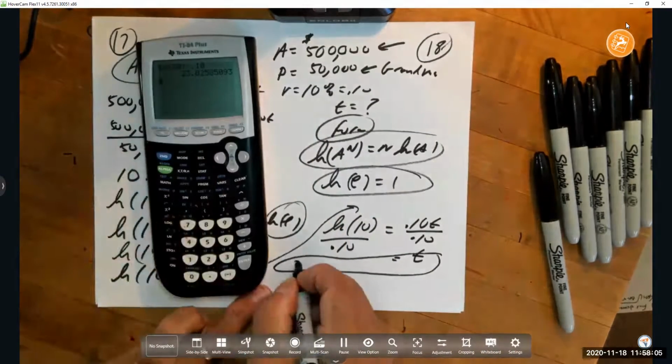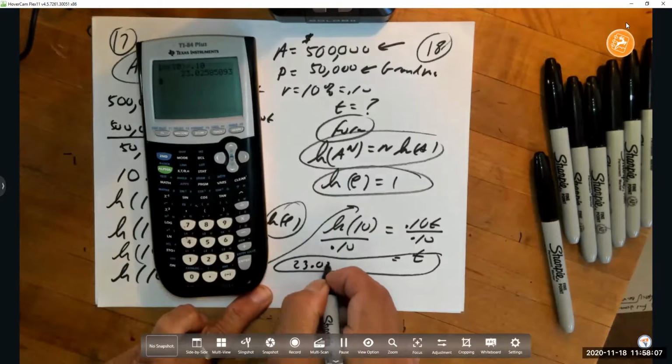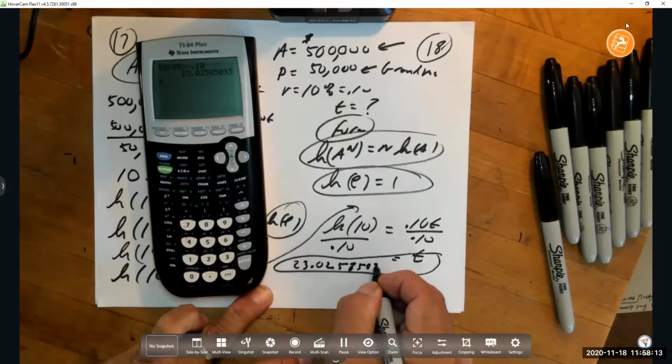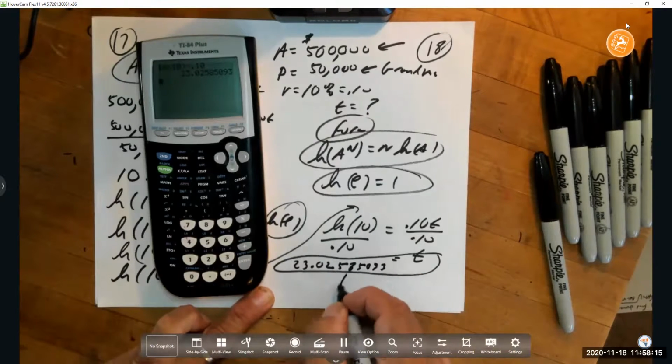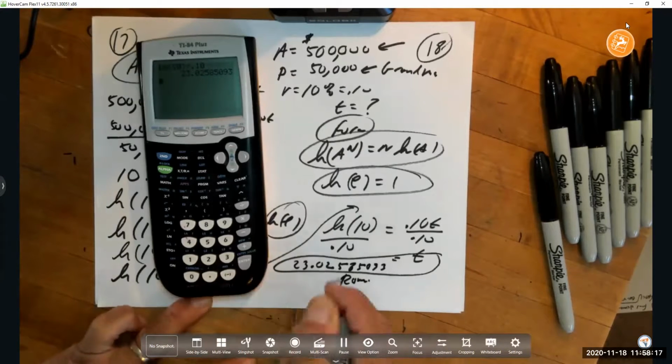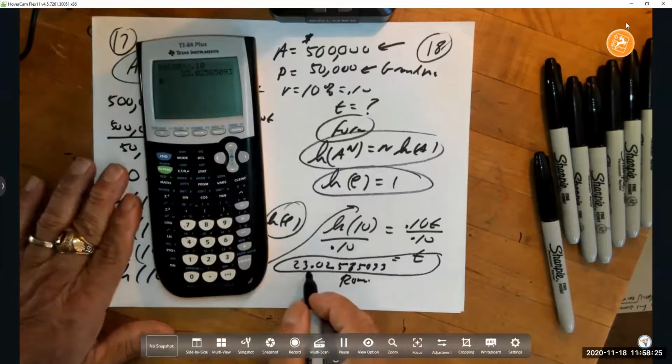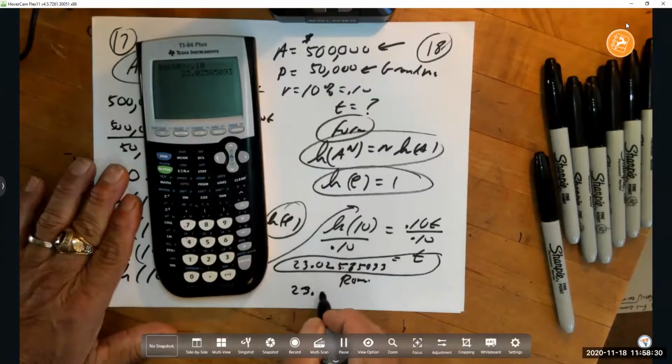I get 23.02585093. Or I can round it off, 23.03.